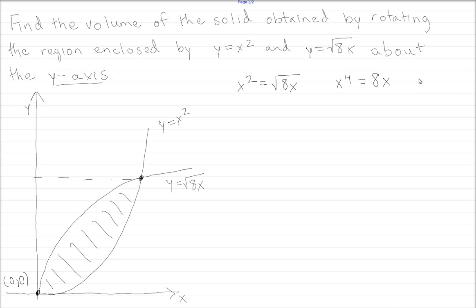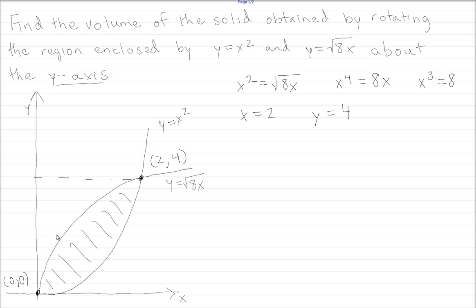Now divide both sides by x. That means x cubed is equal to 8. And that's going to happen when x is equal to 2. So we know that y is equal to x squared, so if x is 2, then y will be 4, and this point is the point (2, 4).